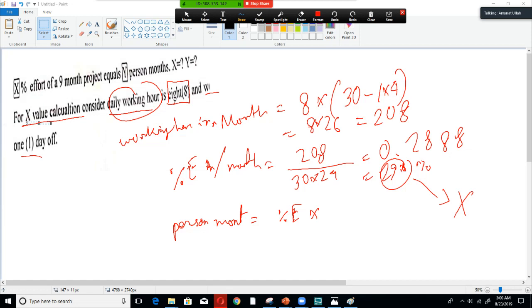So he worked for 9 months, so 0.29 into 9. The answer is 2.61 person-months. So this is the answer.